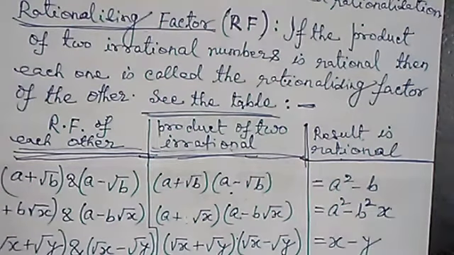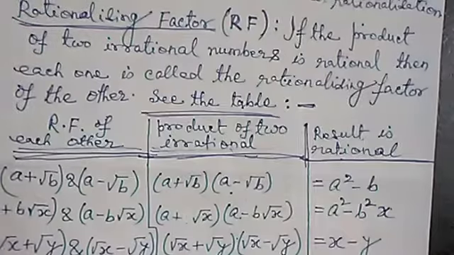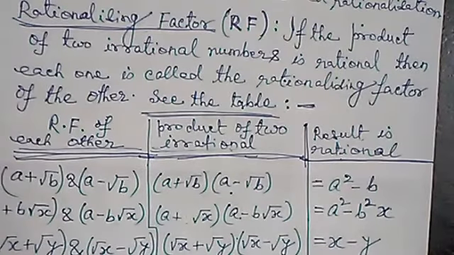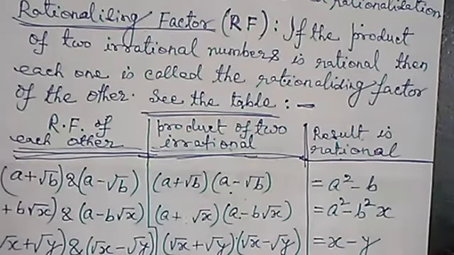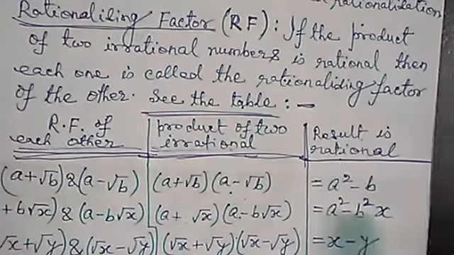So if the product of two irrational numbers is a rational number, then both irrational numbers are called rationalizing factors of each other. Similarly, you see the second and third ones also.